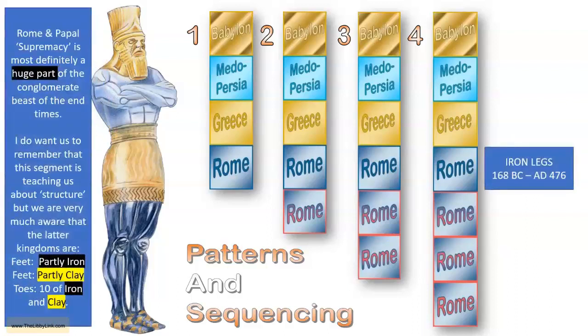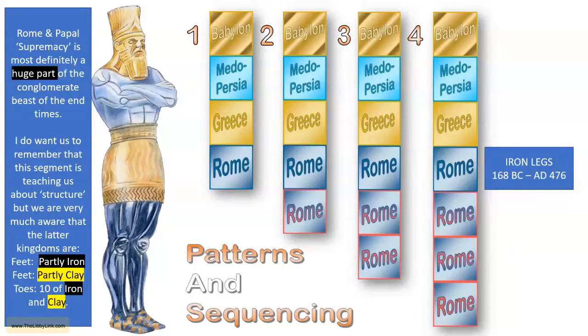And so I wanted us to understand that this pattern was, number one, to show us the pattern and the sequencing. And we know that Rome and papal supremacy is most definitely a huge part of the conglomerate beast of the end times.